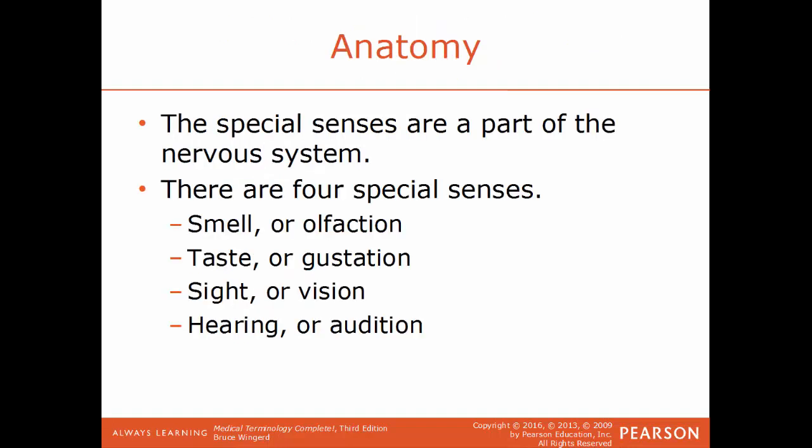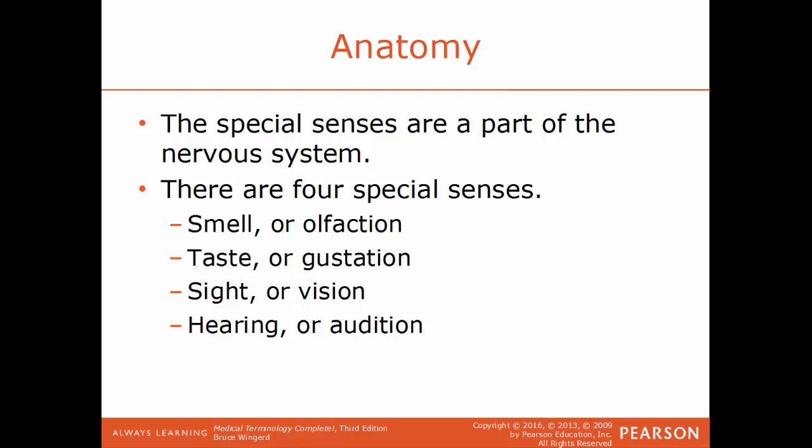Alright, now we'll go over some basic anatomy. The special senses are a part of the nervous system. And of the 5 senses that we have, 4 of them are considered to be special senses. Those would be sense of smell or olfaction, taste or gustation, sight or vision, and hearing or audition.